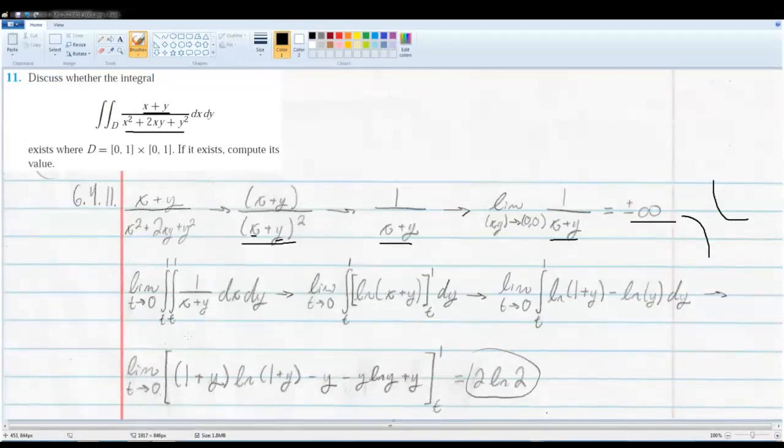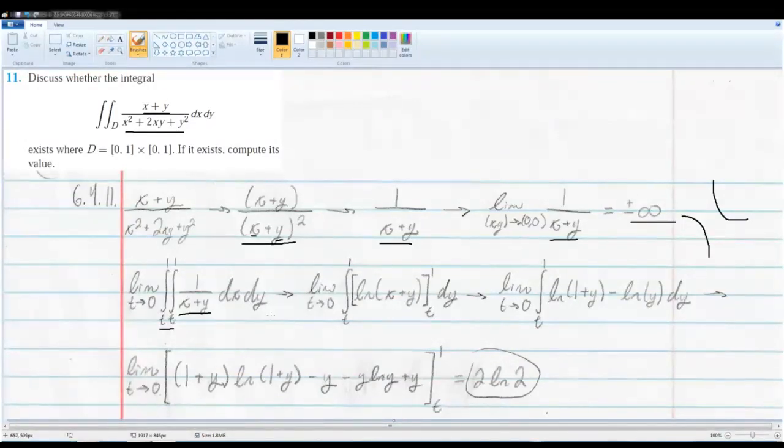So I set up the integral like this: the integrand is 1 over x plus y, dx dy, with limits 0 to 1. But because I can't plug in 0, I'm plugging in t and taking the limit as t goes to 0. That gives me some leeway if I need to calculate a limit later on, which I sort of do.